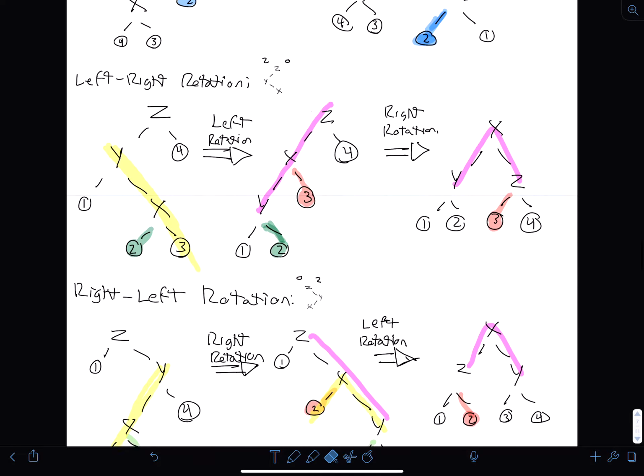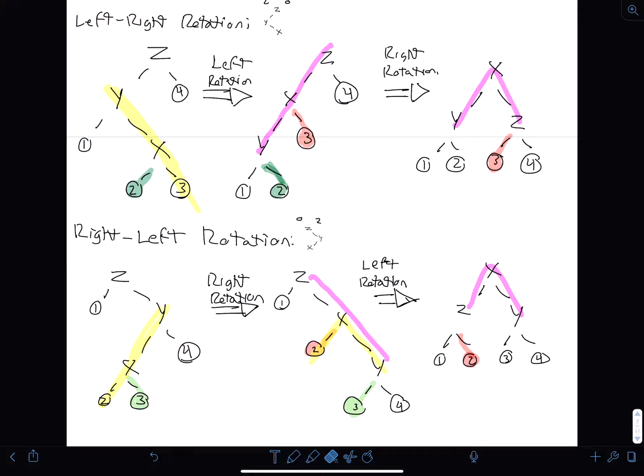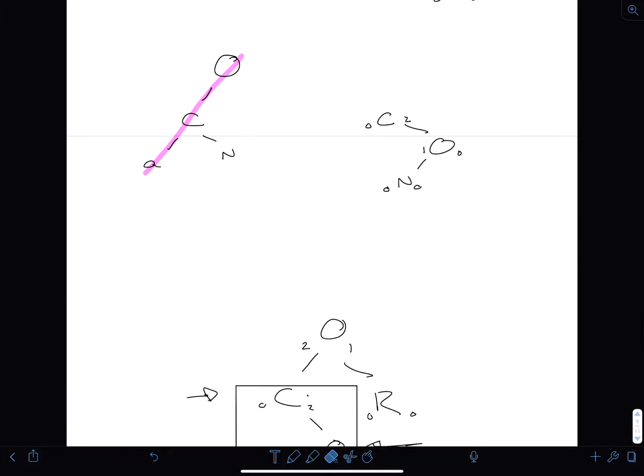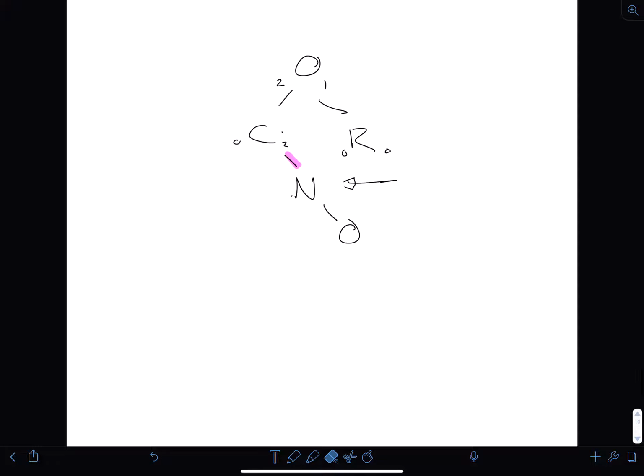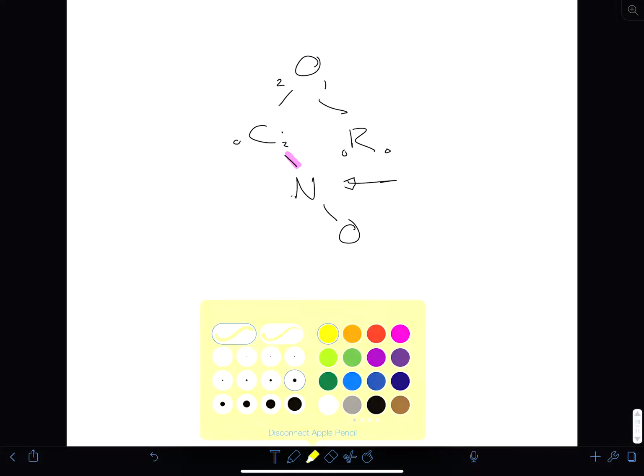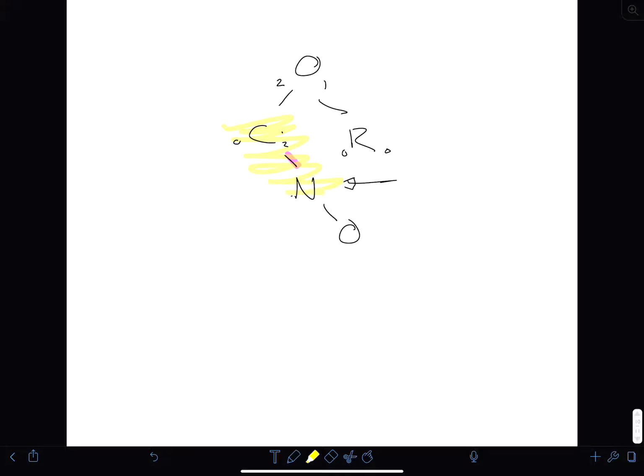The second part of that right-left rotation is now the left rotation. In this case, we're actually going to perform that on the full thing. So, can this become a cool fade shape? No, it can't. Okay, I'll just highlight it. We're going to do it on that.